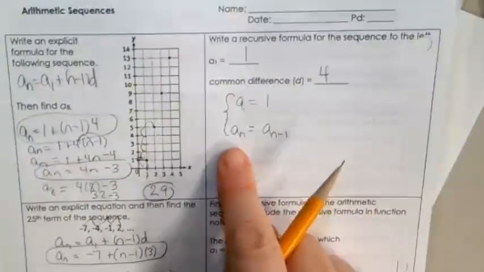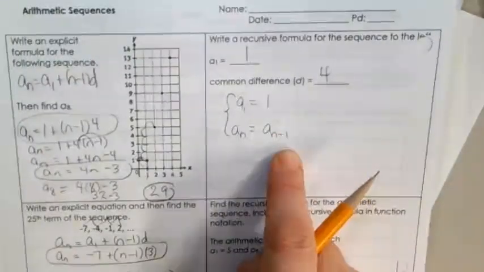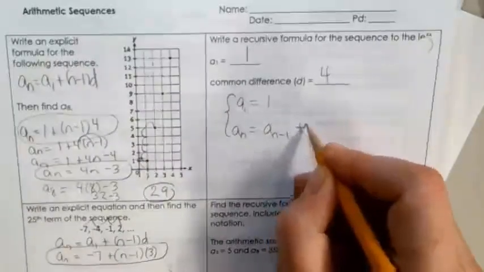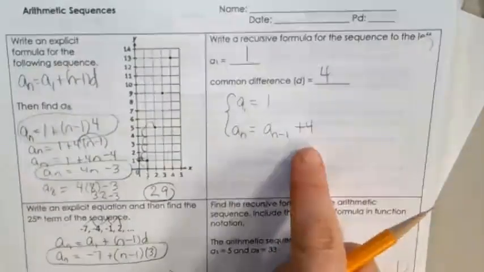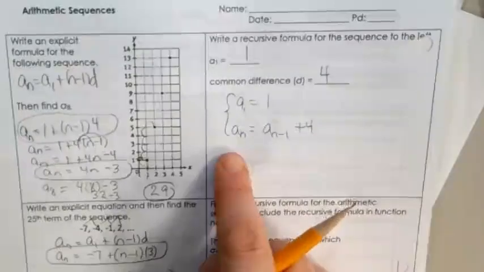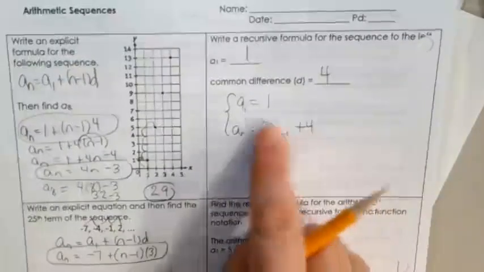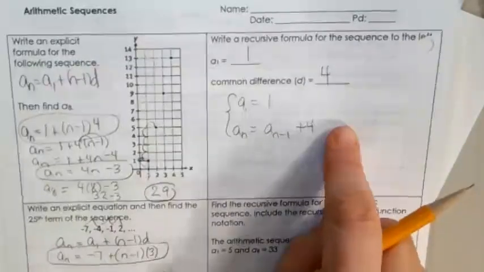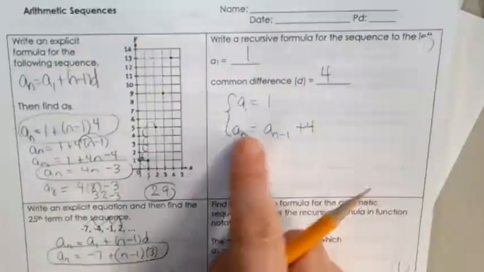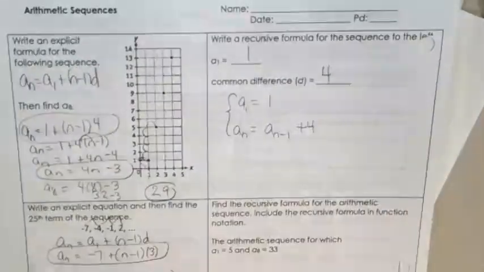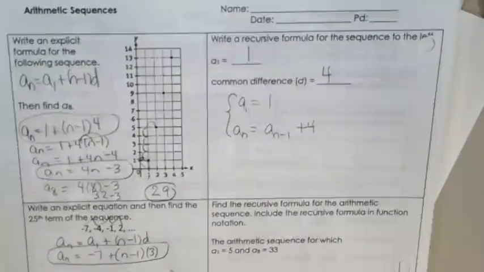So the fifth term is the fourth term, and then plus the common difference, which in this case happens to be 4. So the 28th term is the 27th term plus 4. The 90th term is the 89th term plus 4. So to find each term, we would have to find the term before it.